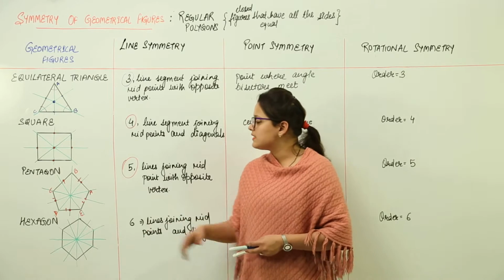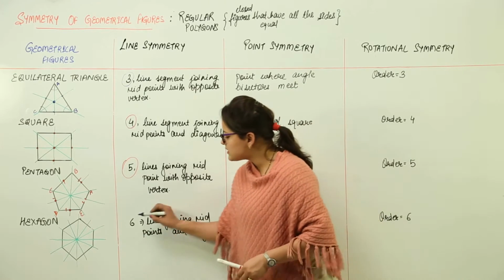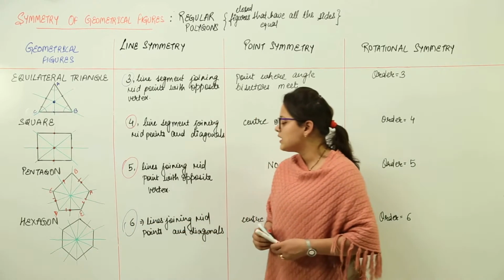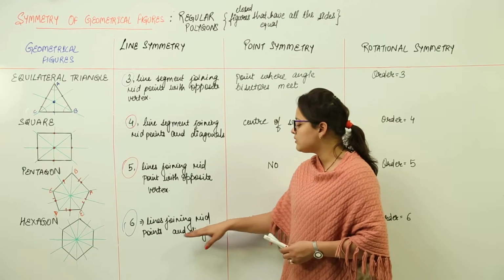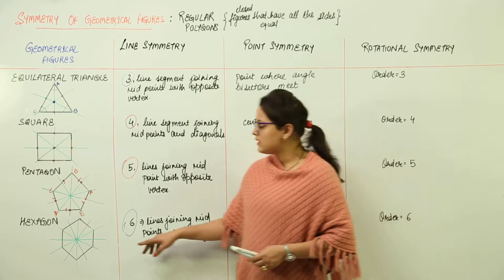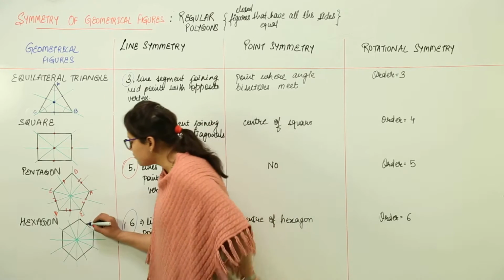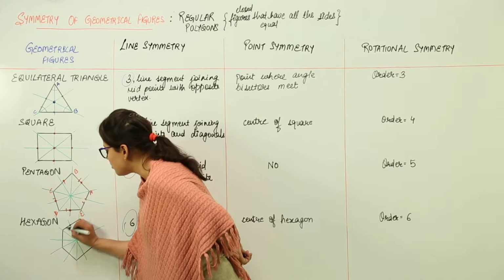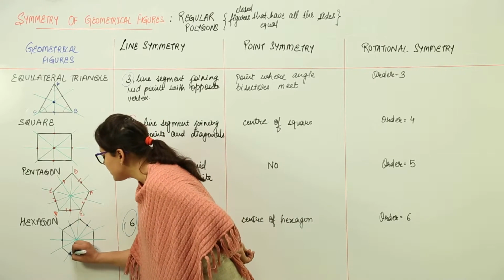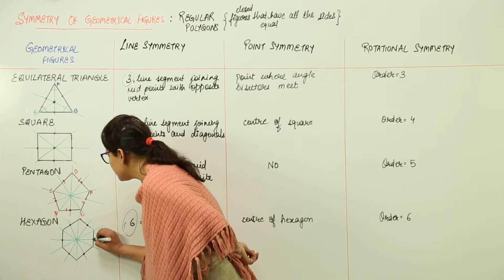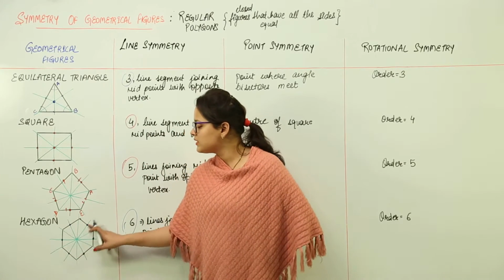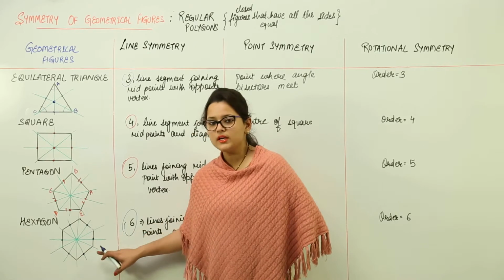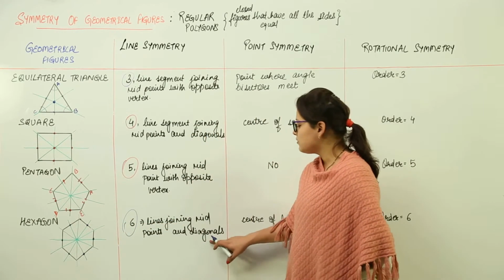Next we have the hexagon. In a hexagon we have 6 lines of symmetry, and those lines are the lines joining midpoints and the diagonals. Here we have the midpoints of the hexagon. Because it has all the sides equal, it will have the midpoints also, right? And the opposite midpoints are joined with each other, and there are diagonals also.